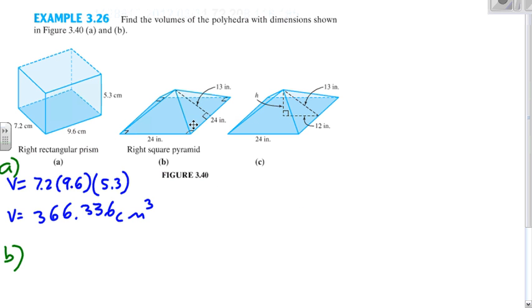For part B, it is a right square pyramid, so it will be 1/3 the base times the height.